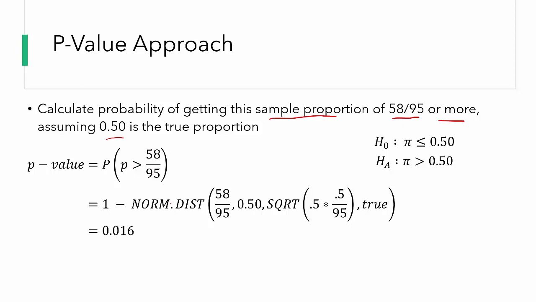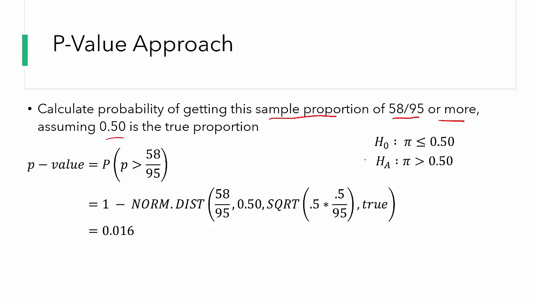That's 1 minus norm dist of 58 out of 95, with 0.5 as the mean, and the standard deviation is really the standard error of the sampling distribution, which is the square root of 0.5 times 0.5 divided by 95. Always for norm dist, we do true in the cumulative box. This gives us the probability of only 1.6%.